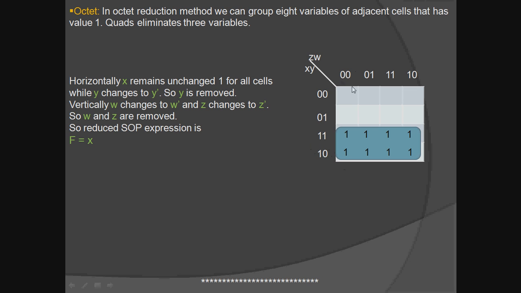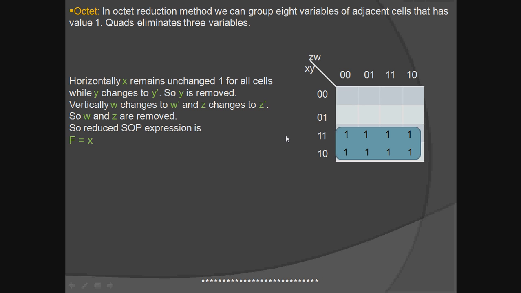And if you see here the value of z and w, it also changes from 0 to 1 and 1 to 0, so w and z are also removed, so the reduced SOP expression becomes f equals to x. So in octet only one variable is taken as the output.